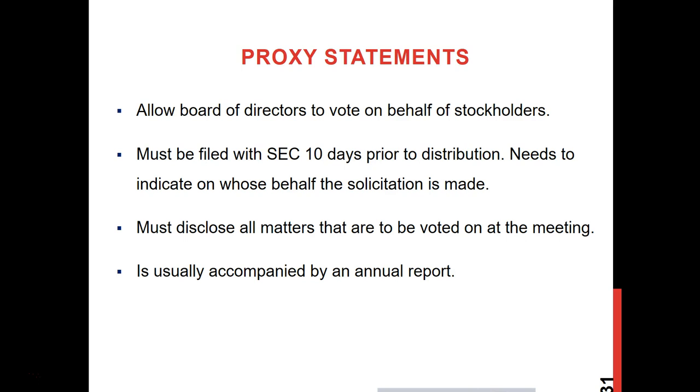So when the companies send the proxy statements, the shareholders actually grant the legal authority to cast votes for the owners in connection with various actions to be taken at the stockholders meeting.